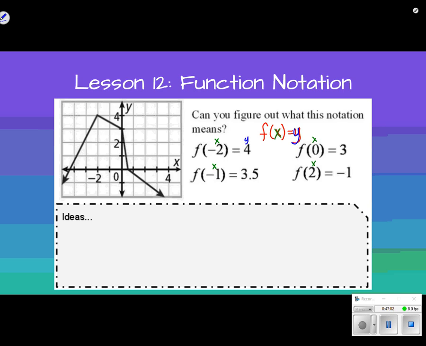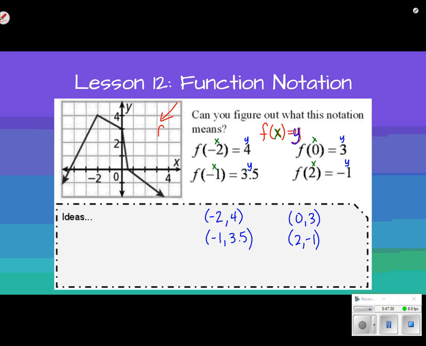So here's a y, here's a y, here's a y, and here's a y. So all of these are ordered pairs. The first one is negative 2, 4. The next one is negative 1, 3.5. And we have 0, 3, and 2, negative 1. And all of these ordered pairs correspond to this function right here.